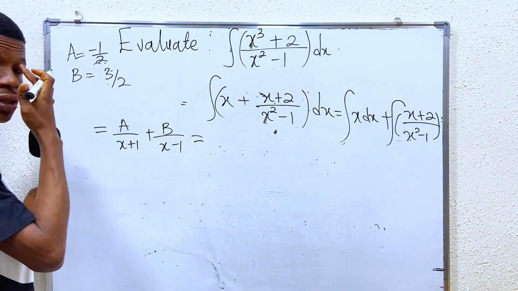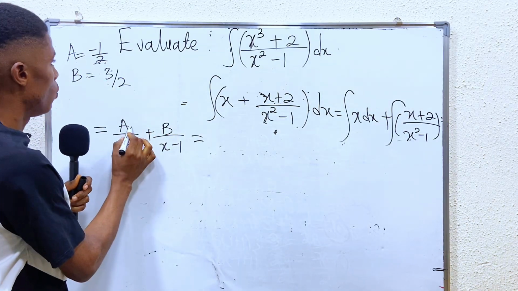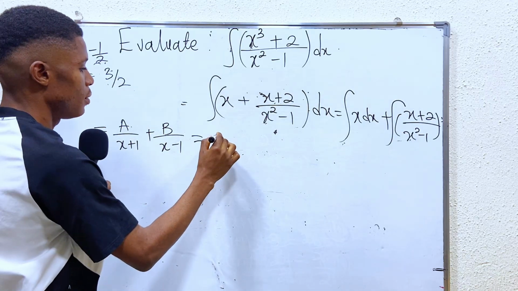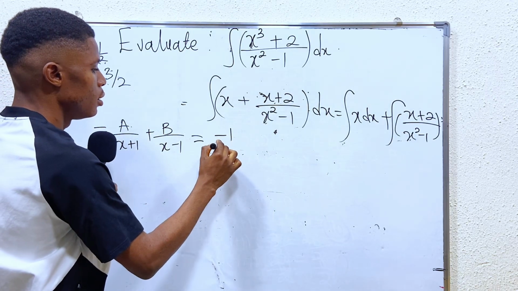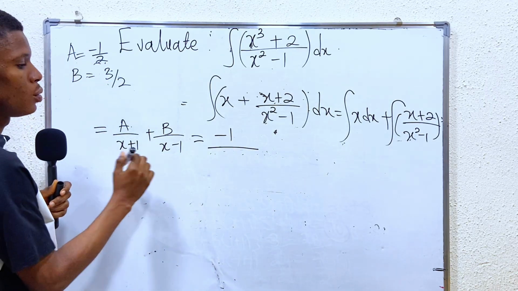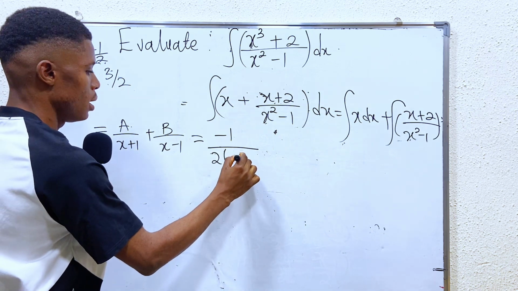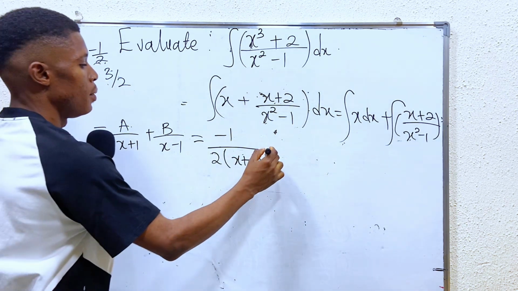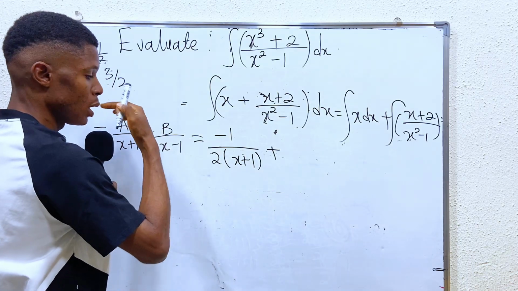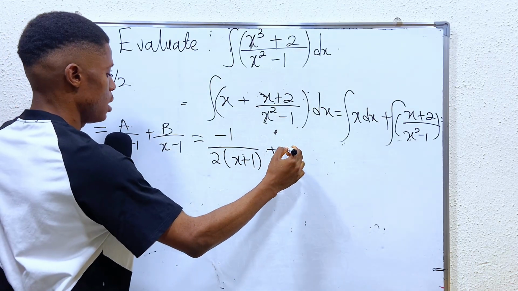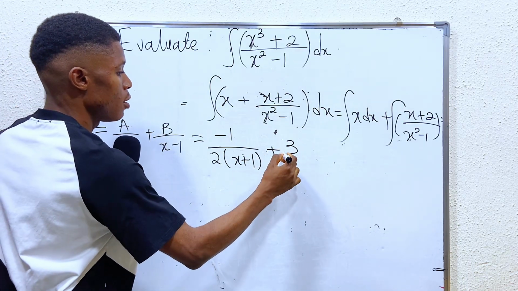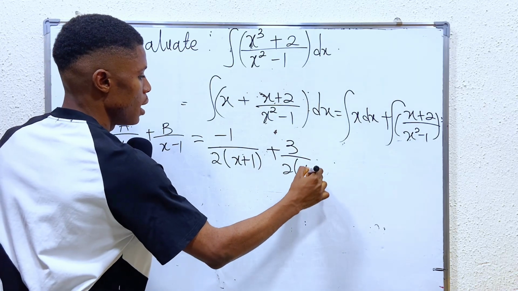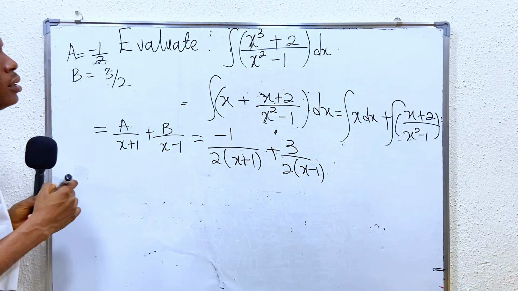And now we have the value for A, minus half. You have it as minus 1 over, so the 2 will come down, 2 into x plus 1, then plus B, which is 3 over 2 into x minus 1. Okay?